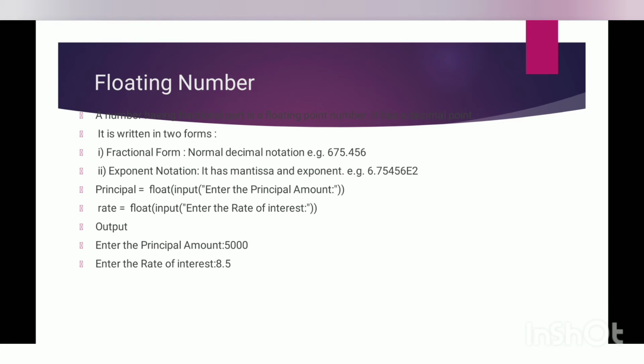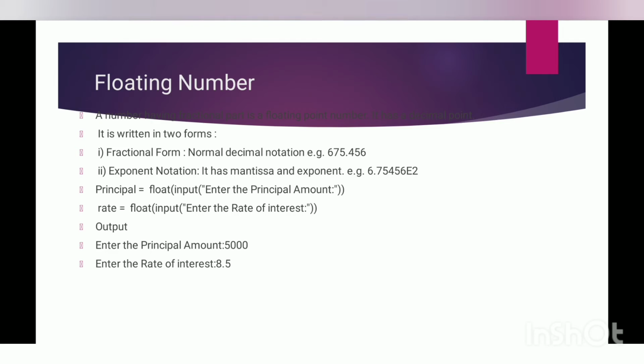If we have to handle numbers with decimal values, then we can use the floating type number, or float data type. It is written in two forms. First is fractional form, as you can see in the picture, like 675.456, and other is written in the exponent form, exponent notation.